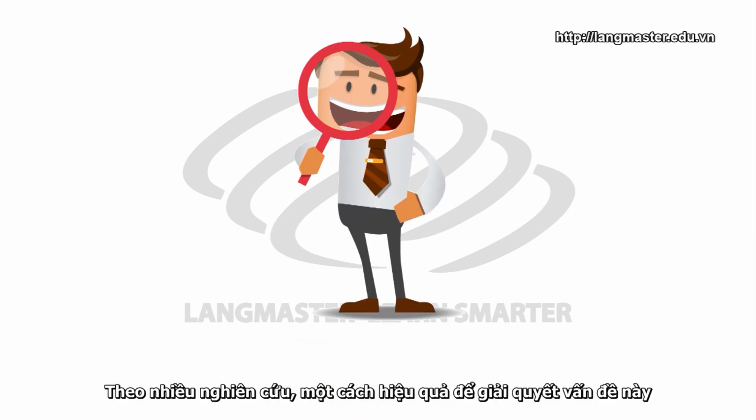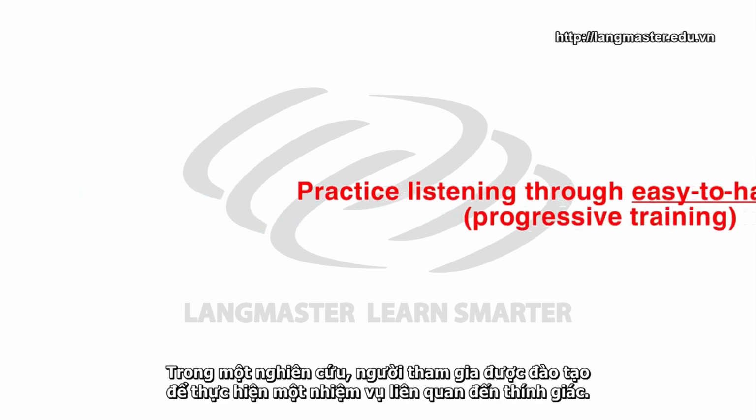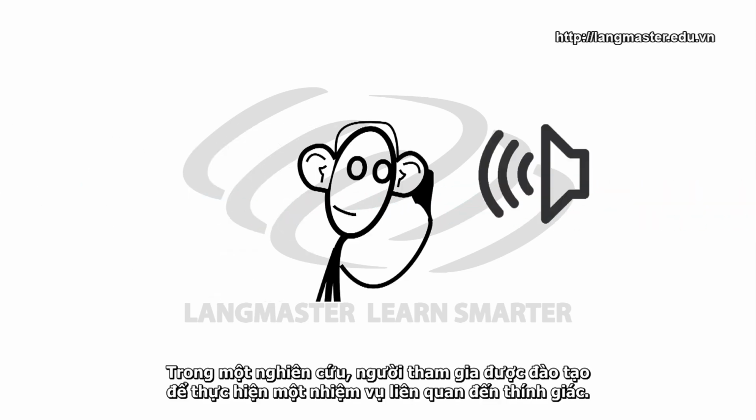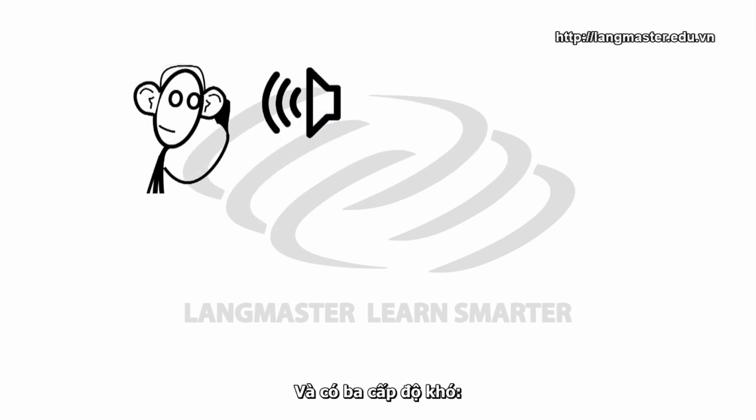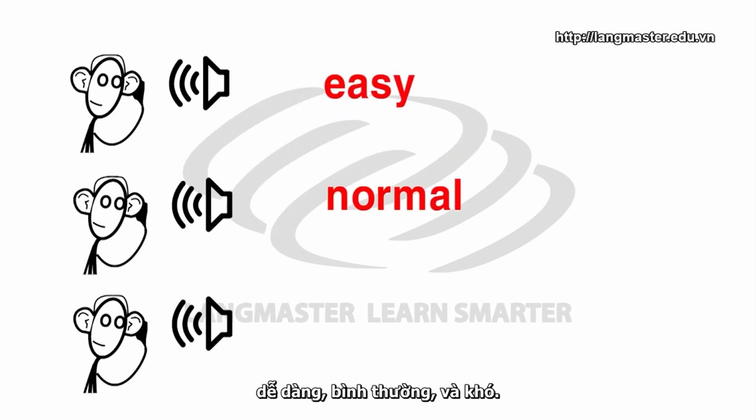According to many research studies, an effective way to deal with this problem is to practice listening through easy to hard training. In one study, participants were trained to perform a task related to hearing, and there were 3 levels of difficulty: easy, normal, and difficult.